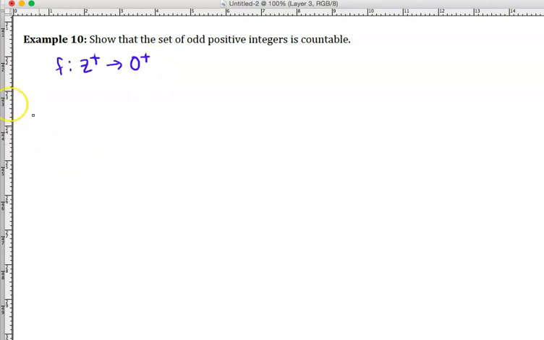All right, so let's list our domain. Just as before, the domain is positive integers: 1, 2, 3, 4, 5, 6, and so on.